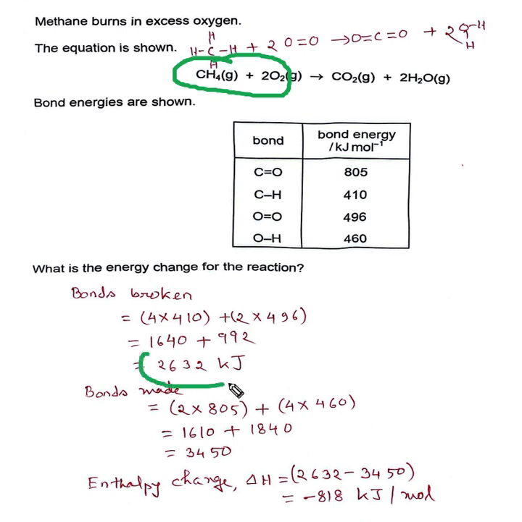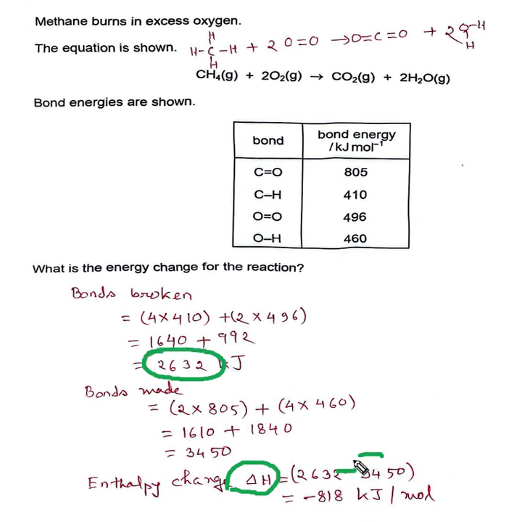Then you will count the bonds formed, or bonds made, total energy. After that you will calculate the enthalpy change. Delta H will be bond broken energy minus bond formed energy, then you will get the enthalpy of this reaction.